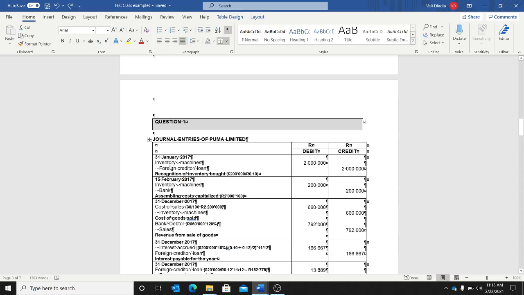You'll see here they are recognizing 200,000. If you then look at it, you'll realize that it's 2 million because you are dividing here the 200,000. So debit inventory machinery, credit foreign loan, meaning you still have to pay this person.